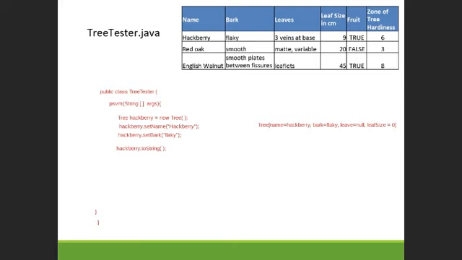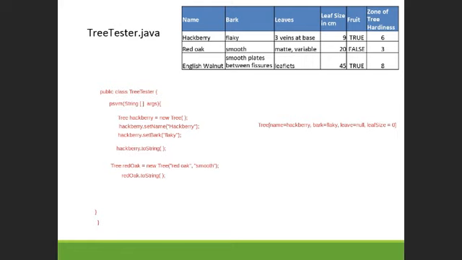We could create another tree by using our non-default constructors. So now I don't have to use my setters to set all those values. And then if I did redOak.toString, in the console it'll print out something again that looks a little bit like name equals red oak, bark equals smooth, and then it would continue on from there.